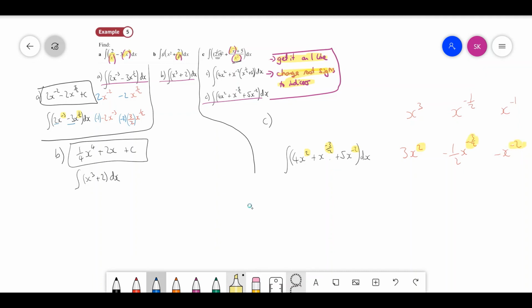Now it's about figuring out the constants. What do I times 3 by to make it into 4? I times it by 4 over 3. So that means this is going to be 4 over 3. What do I times negative a half by to make positive 1? I times it by negative 2, because they'll then cancel.